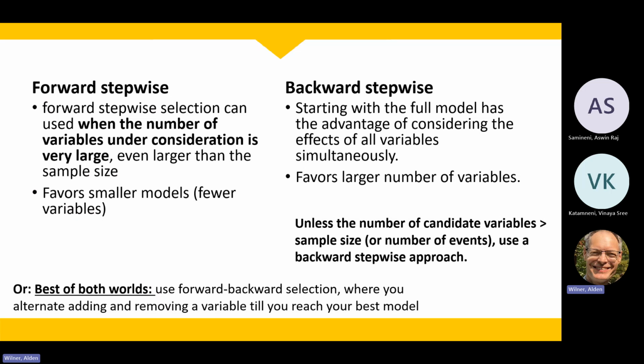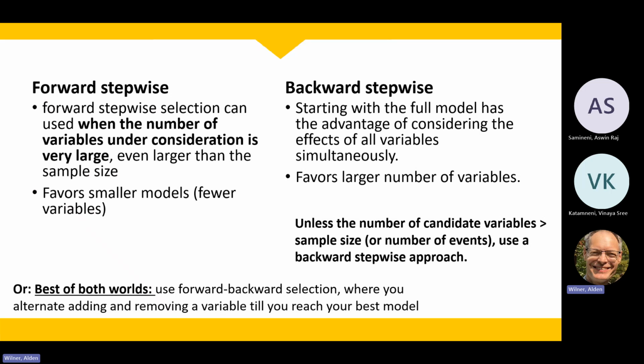So, forward stepwise versus backward stepwise. Backward stepwise has the advantage of considering all variables simultaneously. It will probably end up with a larger number of variables than forward stepwise. Forward stepwise is something you use when you have a very large number of variables, for instance, if your sample size is not even as big as the number of features you've measured.